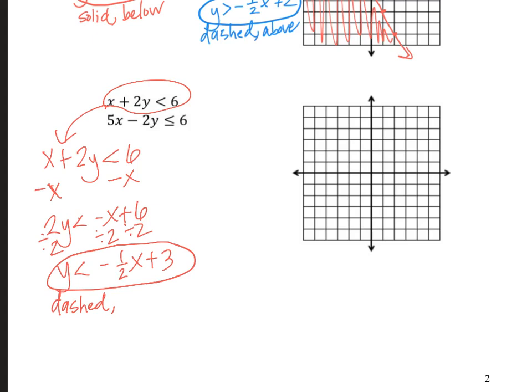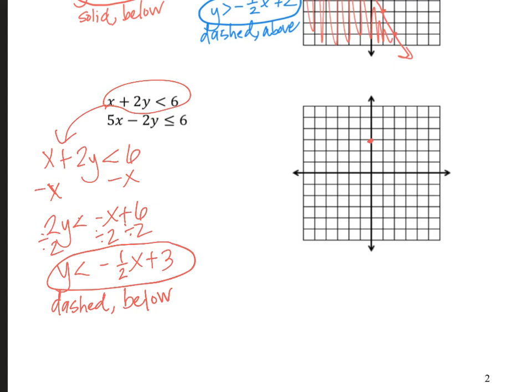And it's also, since it's y is less than, we're going to be shading below. Okay, so our y-intercept is 3. Our slope is negative 1/2.